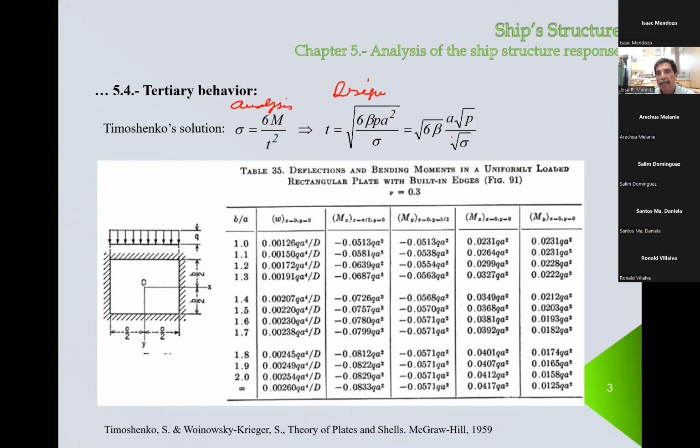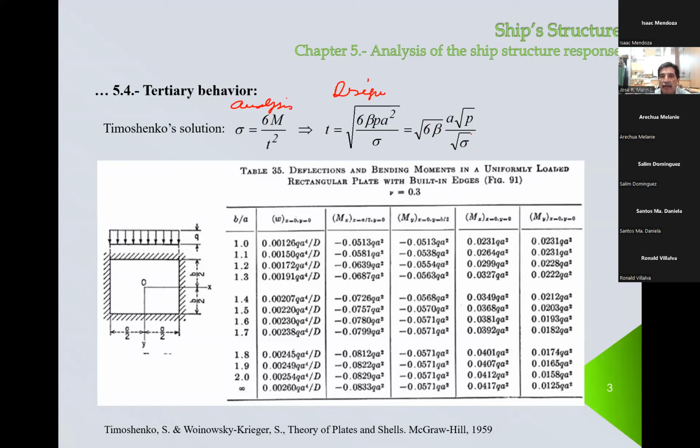Again, we will see that we have a to the square, so the square root will give you an a, is square root of p, square root of sigma. And we're going to deduce something similarly as we did for the section modulus. That's the expression for the thickness as function of this dimension.